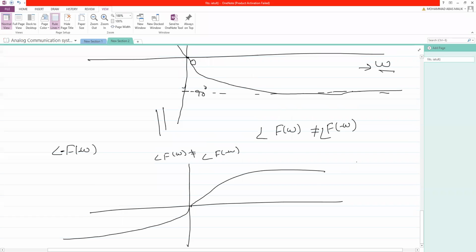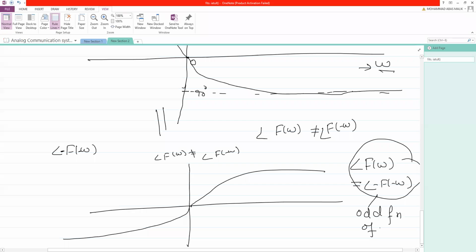So you can conclude that angle F of omega is equal to minus angle F of minus omega. So that is by definition an odd signal. So this is an odd function of omega, right?